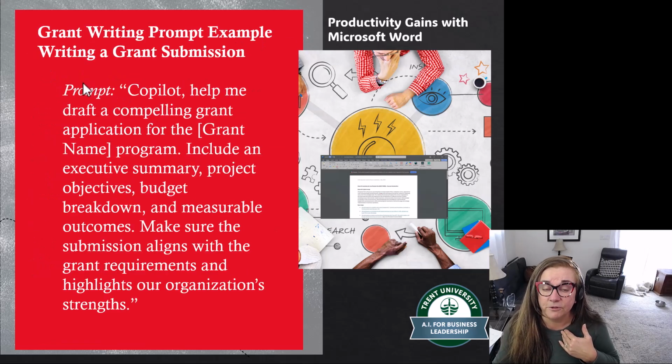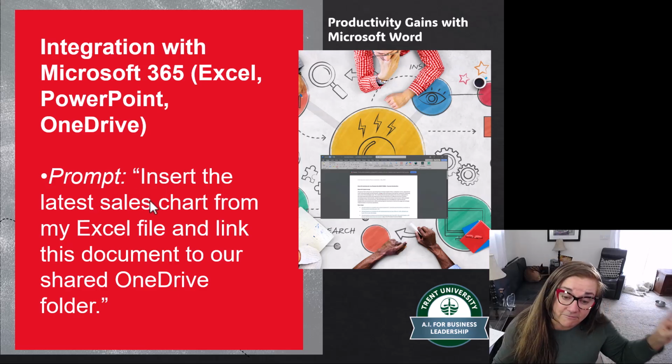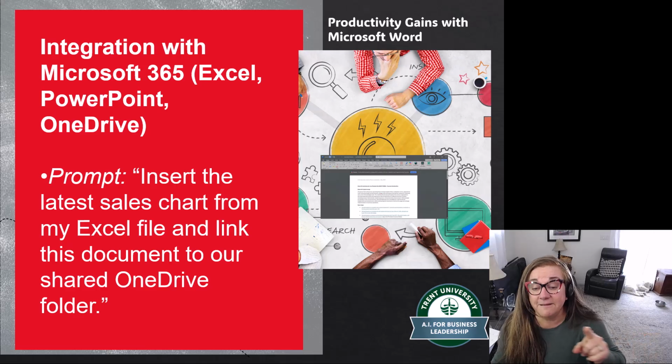If you are a Microsoft Word human writing a grant submission, here is an example of what you would need to do to help you reply to a grant on Microsoft Word. Another one, here's a prompt for integration within Microsoft Word: insert the latest sales chart in my Microsoft Word from my Excel file and link to this file.